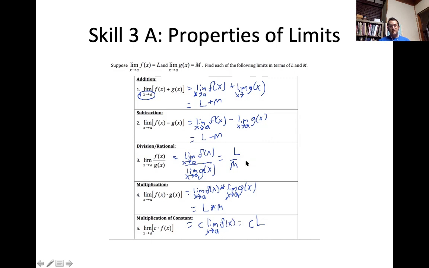The limit of g of x, the denominator in the division, cannot equal 0. Otherwise, feel free to use all those additions and subtractions and divisions and multiplications that you did in number and algebra world, but this time with limits.